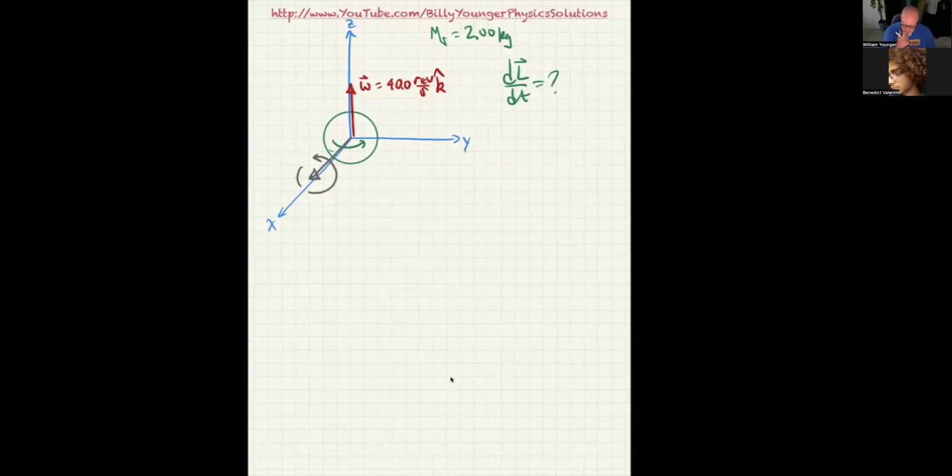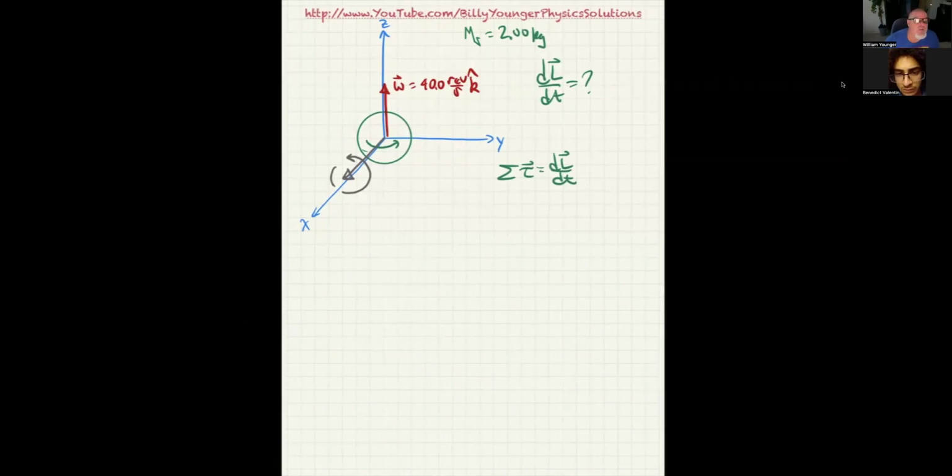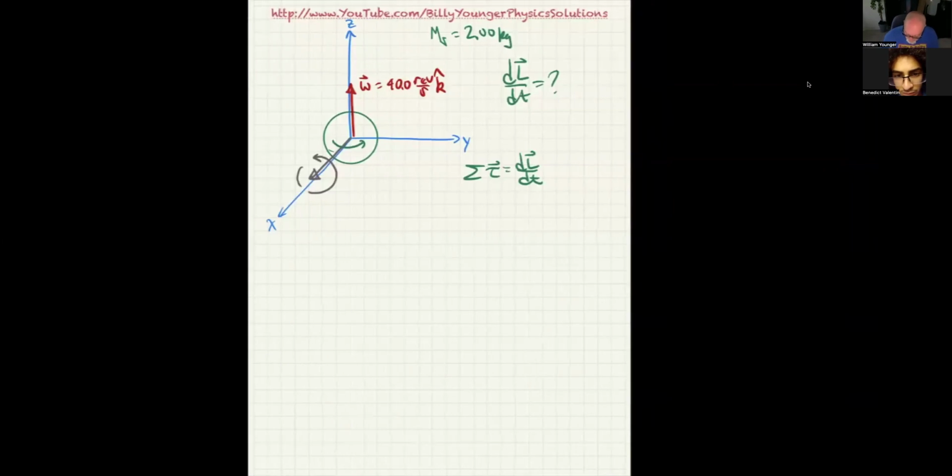Okay, so what we have is they want to know dL/dt. What we know is the summation of the torques is equal to dL/dt, and they specifically wanted to know the rate of change of angular momentum of the sphere. So the rate of change of angular momentum of the sphere is just the torque.